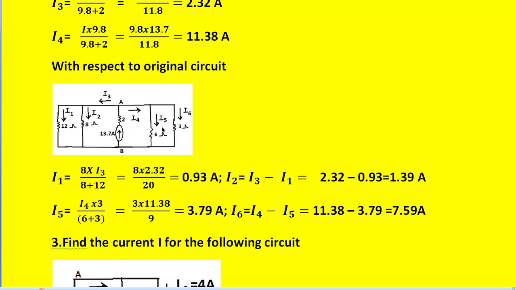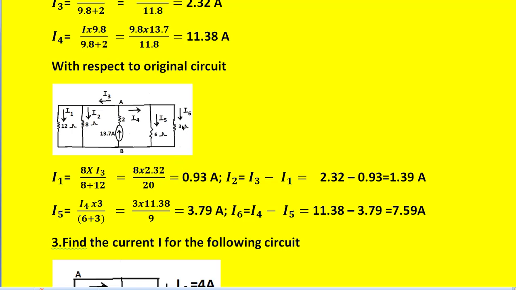Similarly, I5 we can calculate from I4, which is 11.38, into the opposite arm. For the 6 ohms, 3 ohms is the opposite arm. So I4 into 3 divided by 6 plus 3, that is 11.38 into 3 divided by 9. Then we get 3.79 amperes.